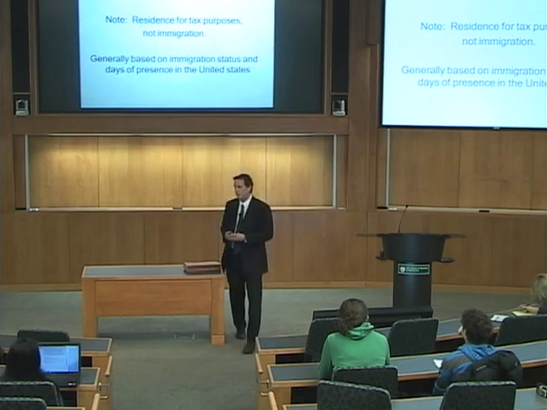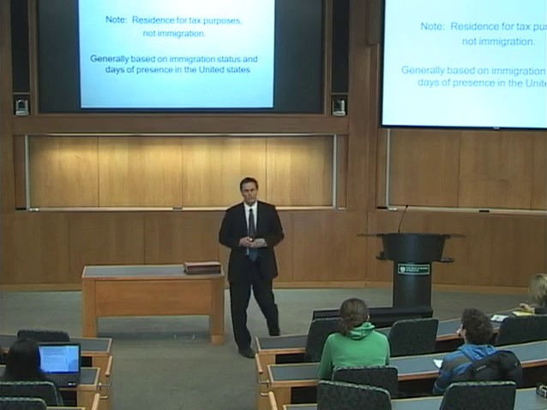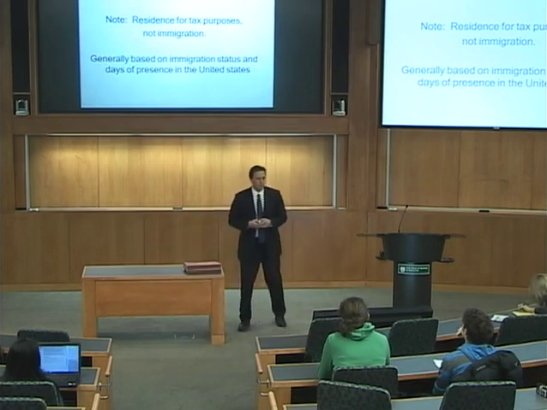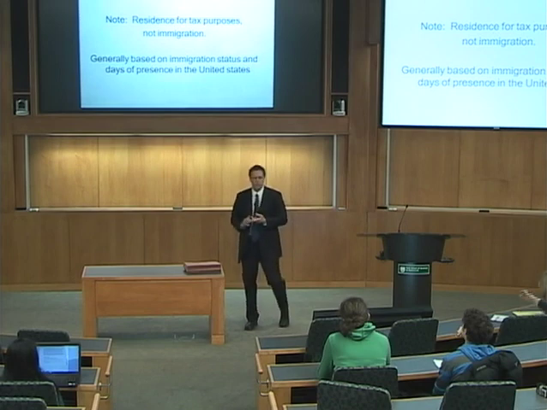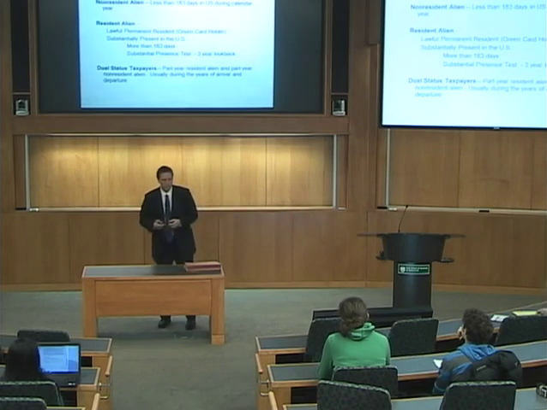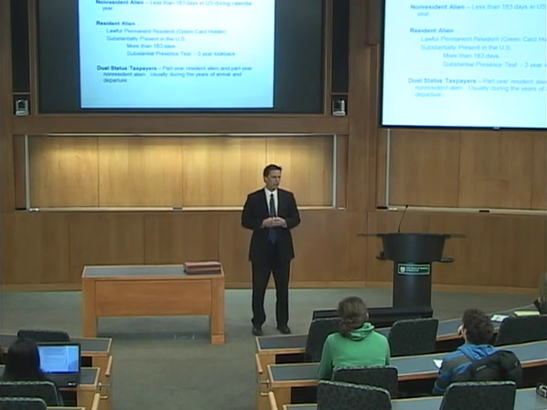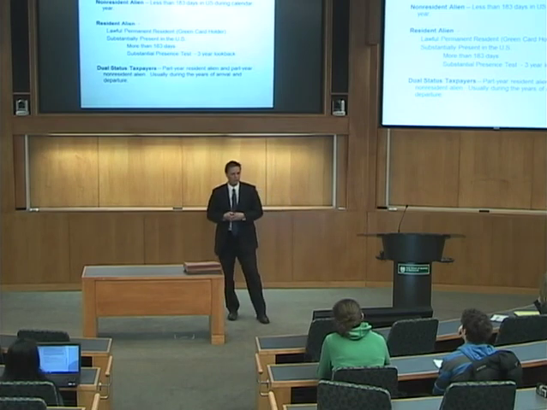First and most important thing you've got to ask yourself is, are you a resident or non-resident for tax purposes, not for immigration purposes? All right, and your tax residence is based on your immigration status for some people and days of presence in the U.S. There's three types of resident status: non-residents, resident aliens, and dual status taxpayers.